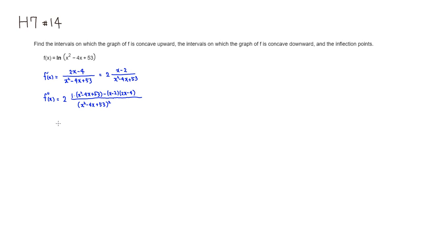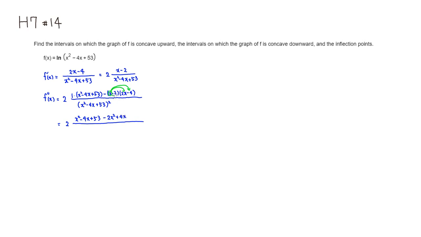So let's simplify that. 2 is already outside. So you have x squared minus 4x plus 53. Then we're going to have to multiply these together. x times 2x is 2x squared, with the negative sign, negative 2x squared. Then x times negative 4 is negative 4x, with the negative sign, positive 4x.